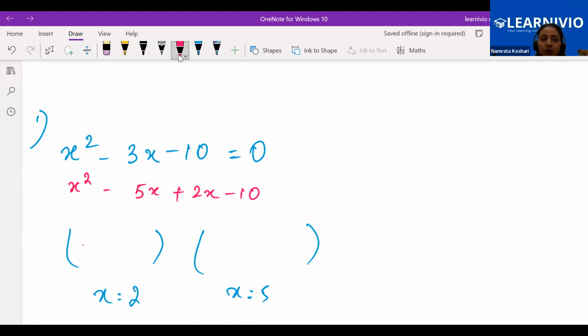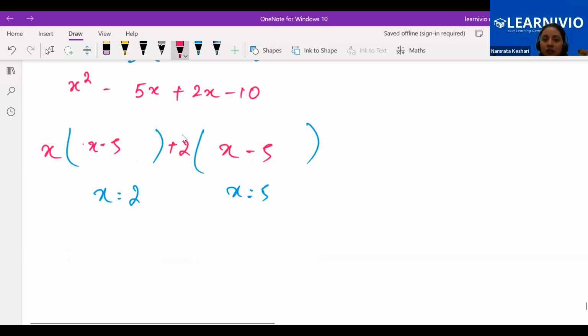x we will take out common. It will be x minus 5, plus 2 we will take out common. It will be x minus 5. Is it plus 2, Zoha? Yes, x value is plus 2. Let's check, from this bracket I can see we are getting x minus 5 and x plus 2.